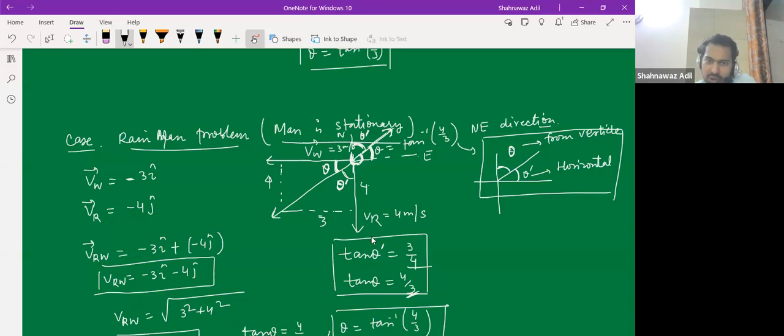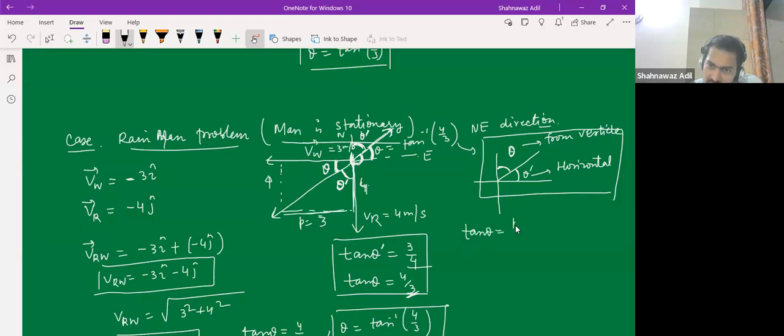Yeah. So for theta dash, this is my base, right? And this is my perpendicular, right? For theta dash, this is my perpendicular. Tan theta is what?